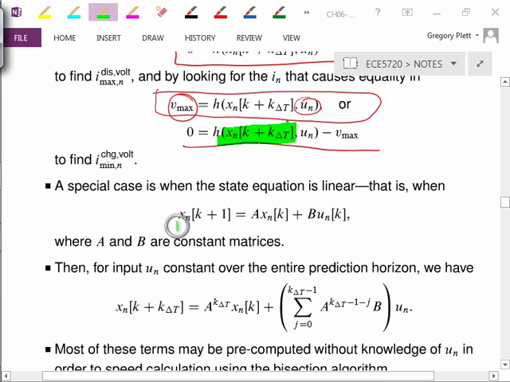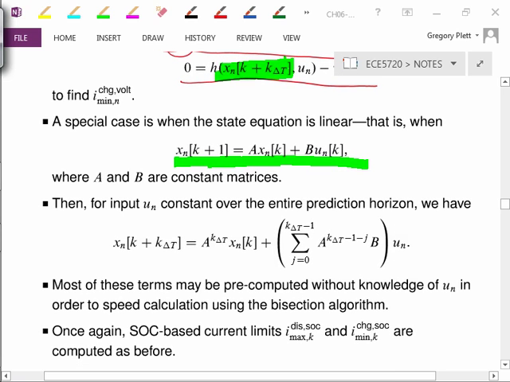We know that x_n[k+1] is A times x_n[k] plus B times u_n[k], the general linear form. And if A and B are constant over the time horizon, as they would be for a constant current for us, we can get this form here.